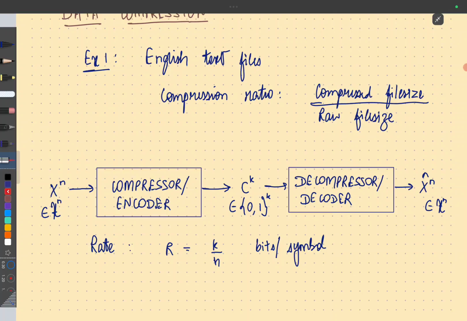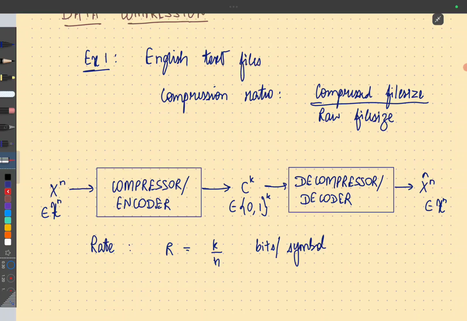Take a bunch of different files, maybe different novels, or maybe articles from Wikipedia or something else. Compress each of these files and compute the compression ratio, that is the ratio of the compressed file size to the raw file size, all right? And maybe by next class tell me what you get.